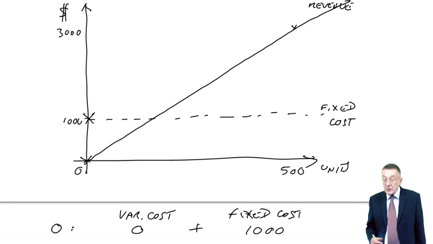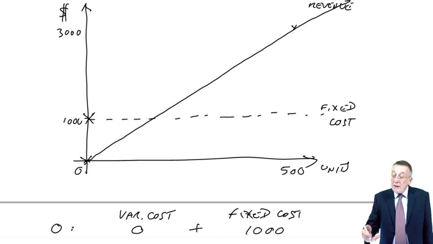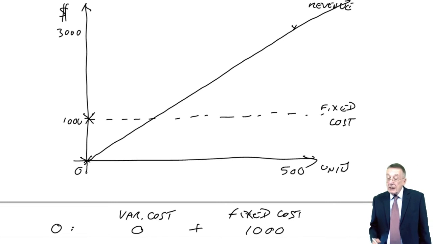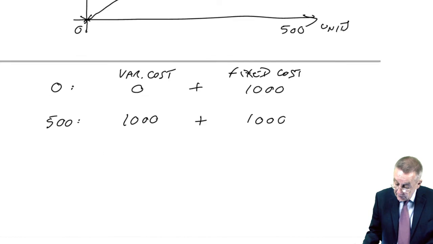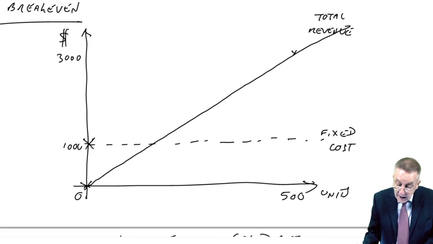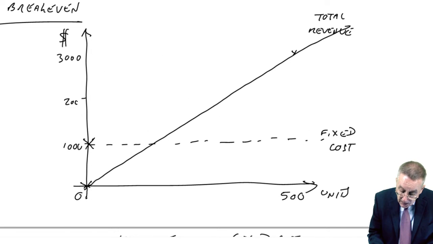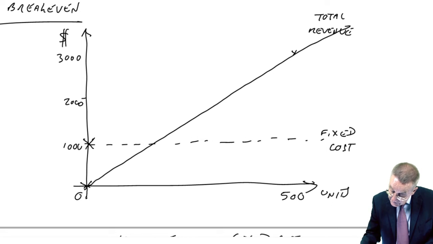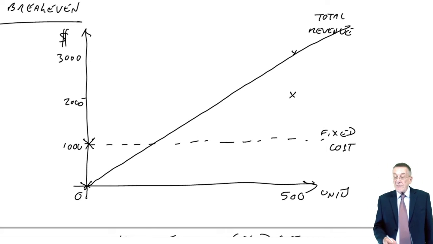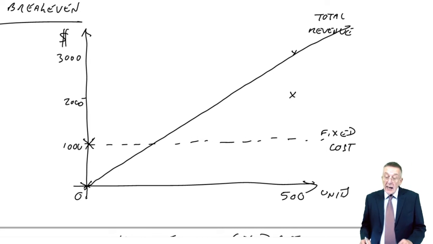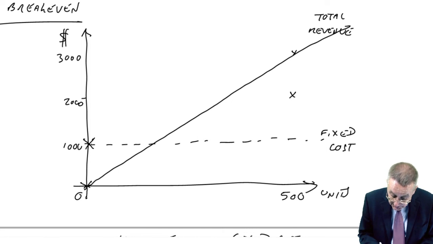So the total cost will be 1,000. With 500 units, well, I just wrote down, fixed cost is still 1,000, but there's 1,000 variable. So the total will be 2,000, which is about there. And so now I can show the line for the total costs.